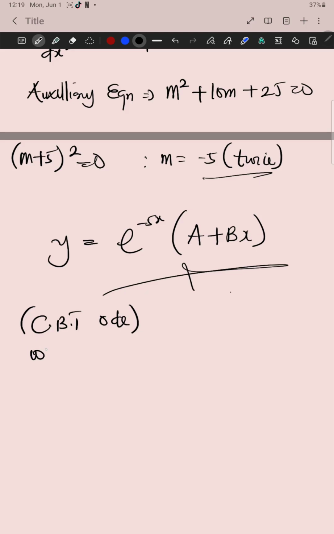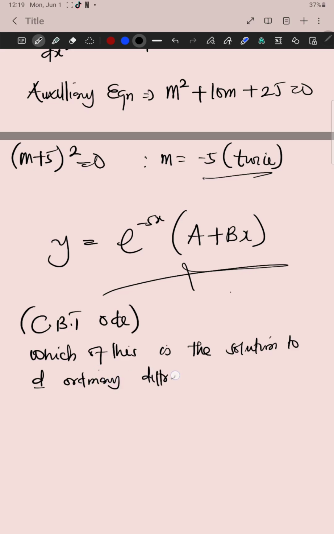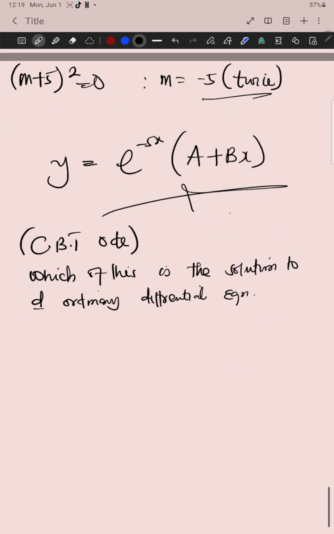You see something like, which of these is the solution to the ordinary differential equation? You have something like this: d squared y plus 10 dy over dx plus 25 is equal to 0.